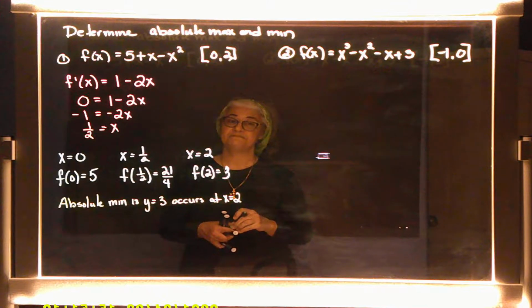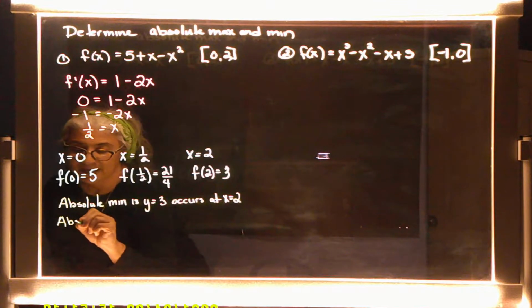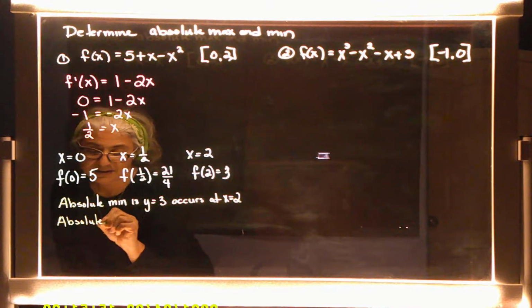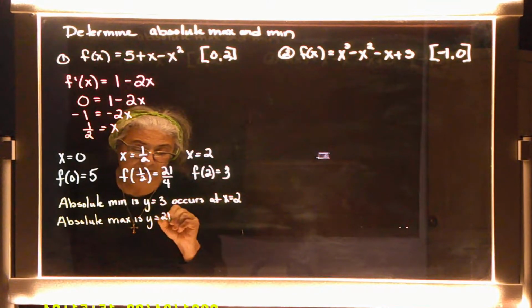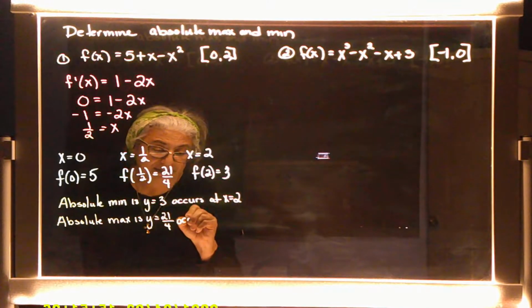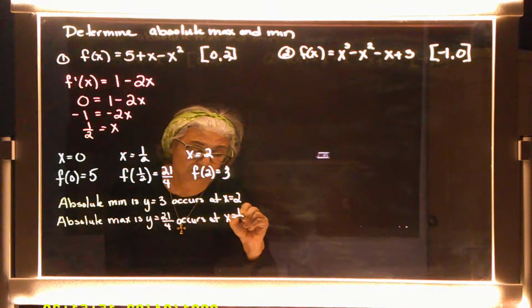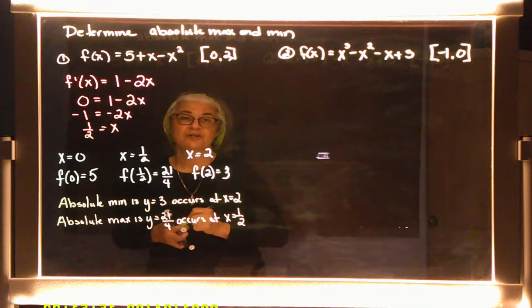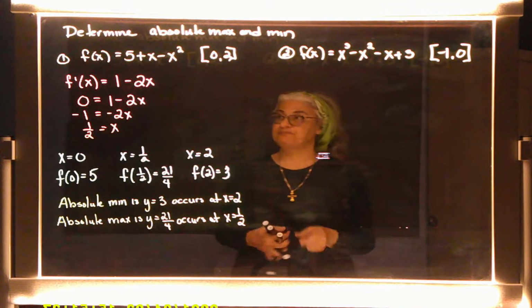Good? What about the absolute max? Yeah, 21 over 4. So, the absolute max is y equals 21 over 4, and it occurs at x equals 1/2. Cool? All right, let's look at this other example.